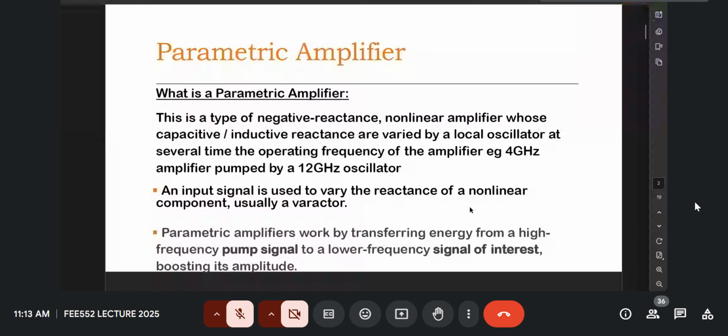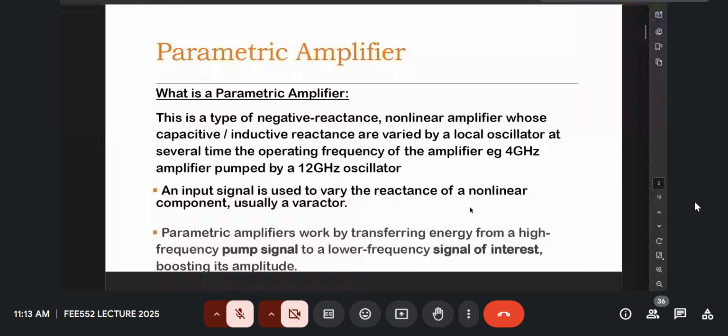Another signal, the input signal, which is also the signal frequency to be amplified, is also used to vary the reactance of this nonlinear component of the circuit. The capacitive negative reactance is due to the capacitive nature of this circuit, which we vary.